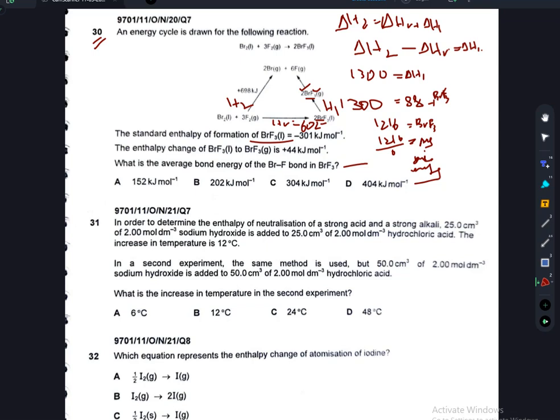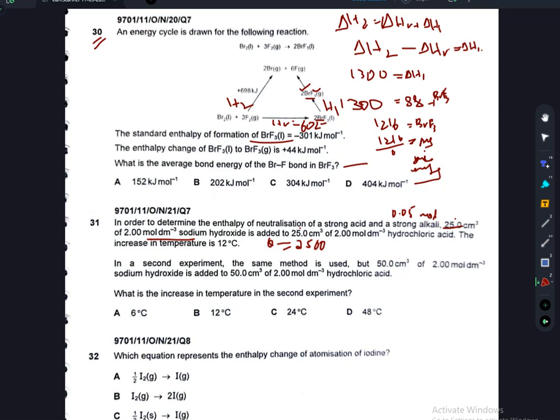Now, for the first experiment, Q is mc delta T. You add 50 into 4.18 into 12, so you would get 2500 plus something, but I will take 2500. But this is for 0.05 mole of sodium hydroxide.